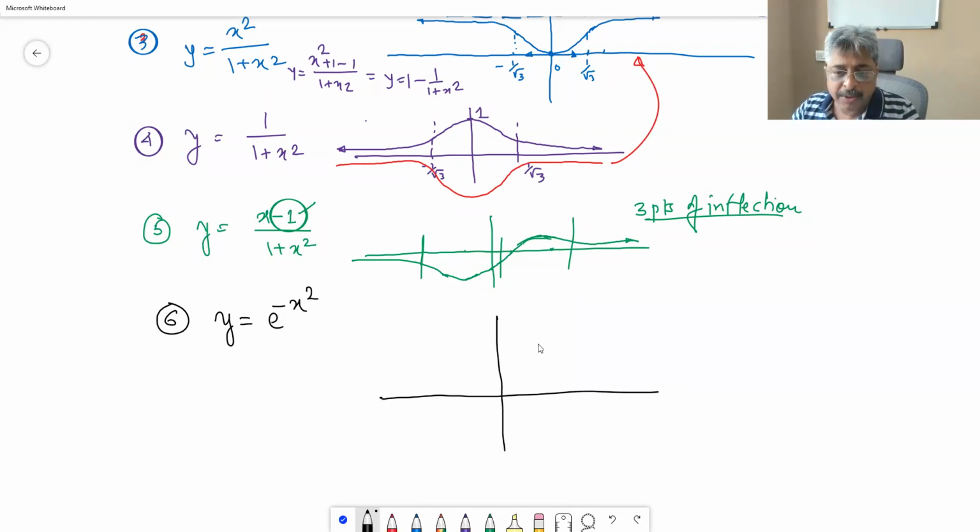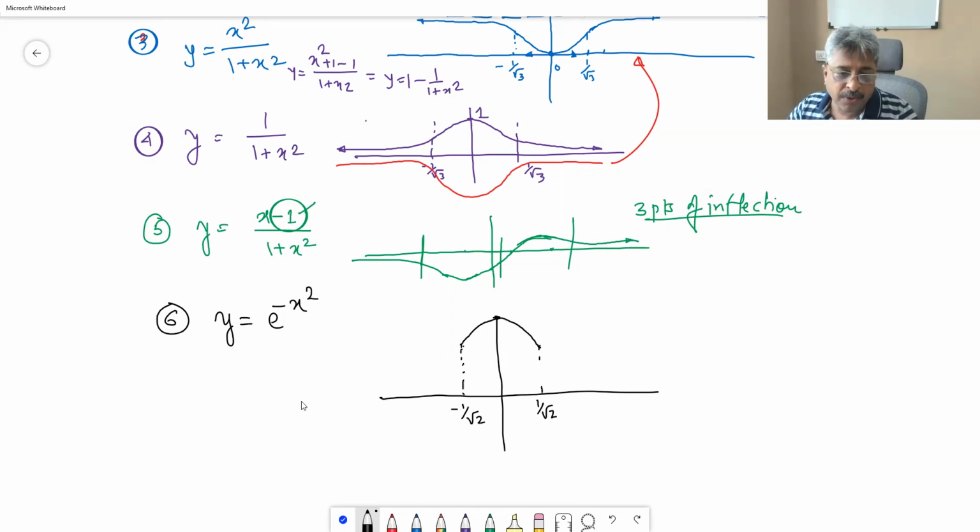Point of inflection at plus 1 upon root 2 and minus 1 upon root 2. Maximum value of the function is 1. So from here to here, concave, differentiability yes at x is equal to 0.